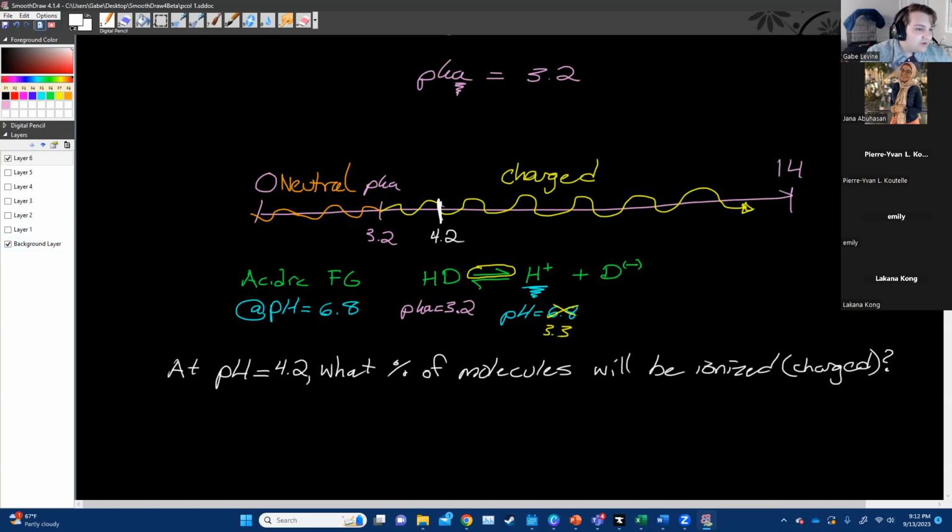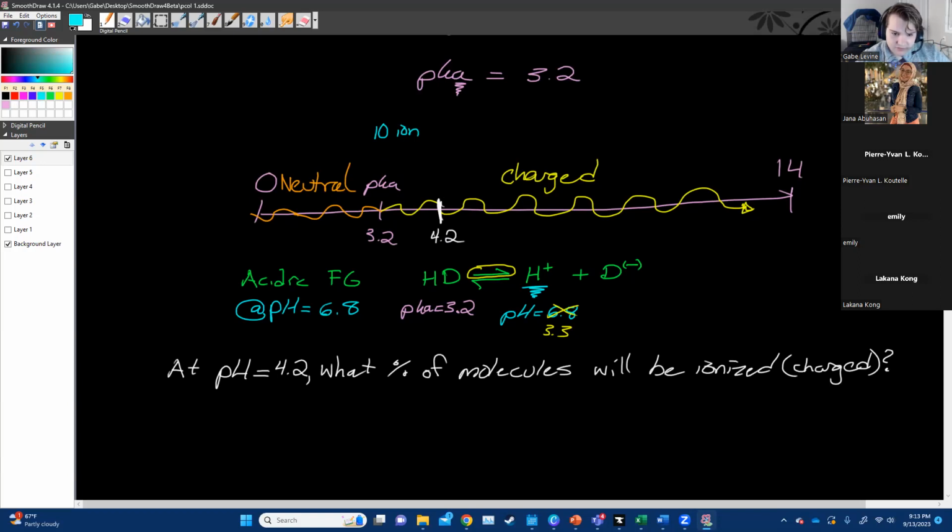And so this is where we get that rule of 10. Essentially, what the rule of 10 says is that if you have a molecule at a pH equal to its pKa, so if we had the pH at 3.2, then we'd have 10 ionized on top and 10 unionized.